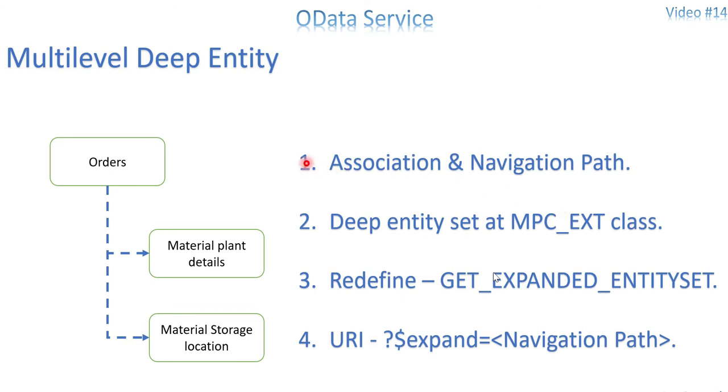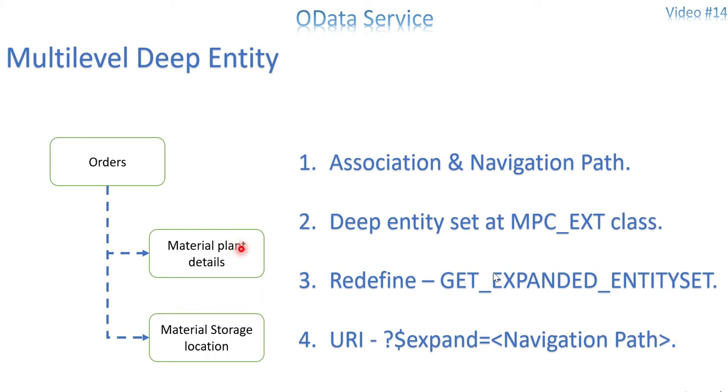And this is for the first level of deep entity. We have done these things. We created the association and navigation path, and we created the deep entity as an internal table in the MPC_EXT class, and we redefined GET_EXPANDED_ENTITYSET, and the URI for the deep entity is with the help of expand equal to navigation path.